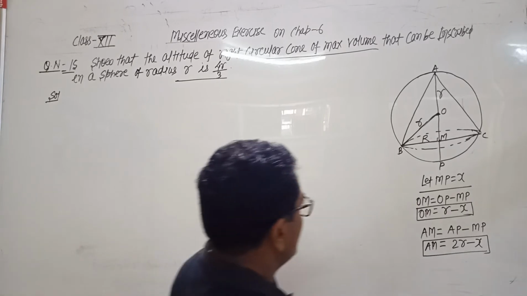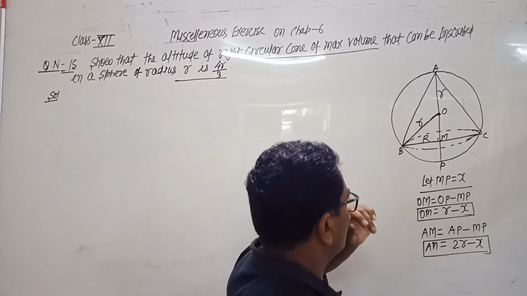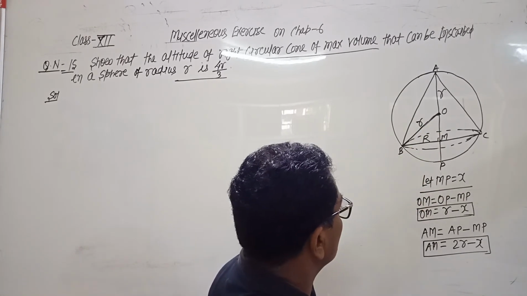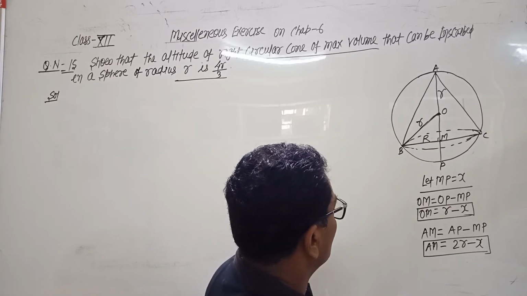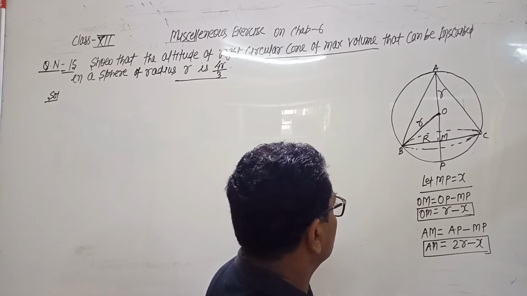Now we will find the radius of the right circular cone.